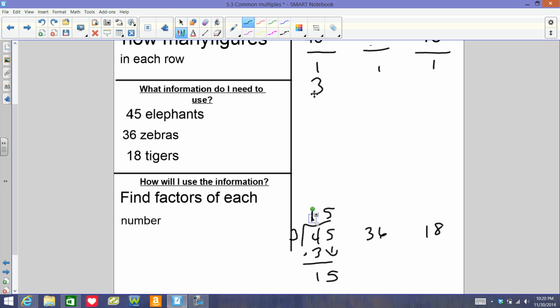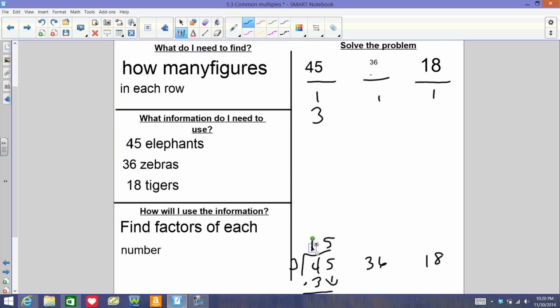So that would be 3 and 15. Can 4 go into 45? Nope, because it's not an even number. I know 5 can: 5 times 9 is 45. And I believe that is all for that one. I don't think I can go any further than that.